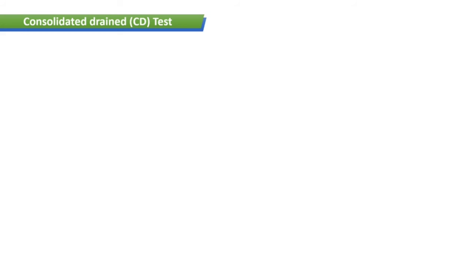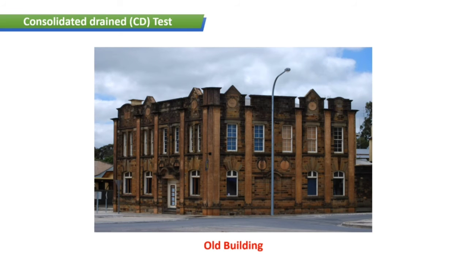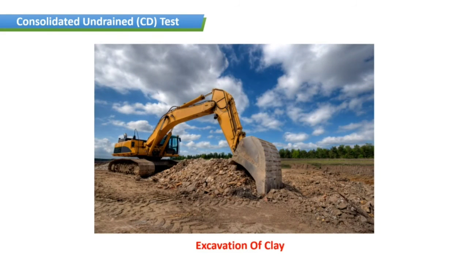We can say that for old buildings the CD test is done. This takes a very long time, many days. Consolidated undrained means the soil has been consolidated but the water is not spilling out. An example is the excavation of clay, when we dig the soil, then this condition occurs.